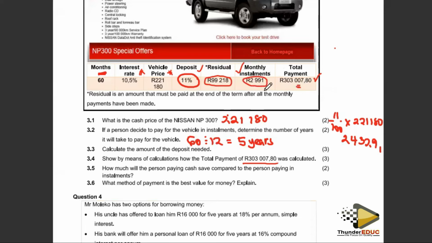So this answer comes from these three: the deposit, of which we've already looked for, the residue, the last money that you pay for the installment. Then we have 299.